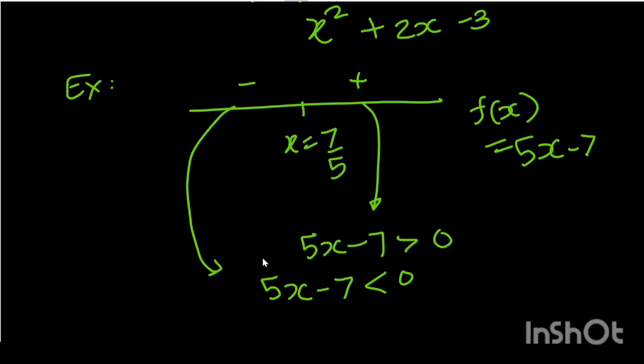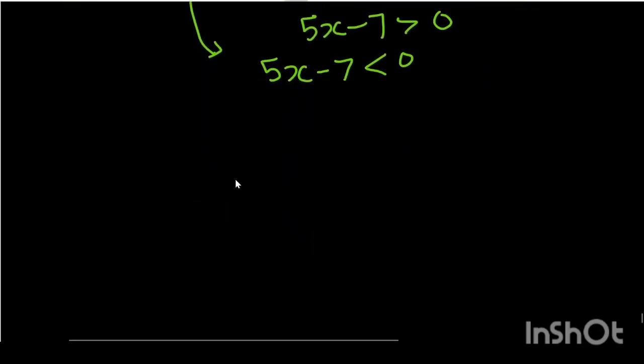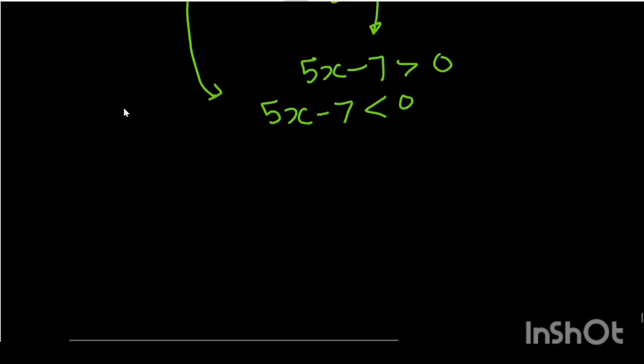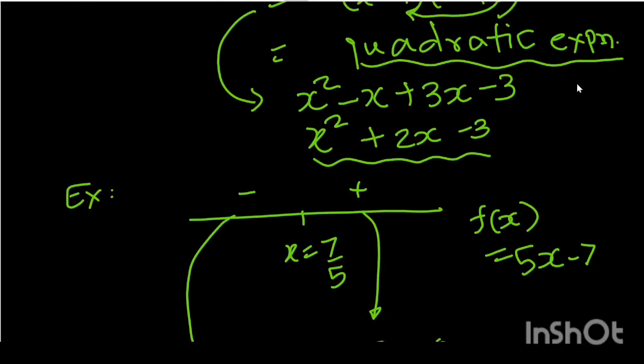Now again moving on to quadratic. Slowly, gradually we are moving on from linear to quadratic inequality, but before that what we saw was this, which was a quadratic expression. What is a quadratic equation?